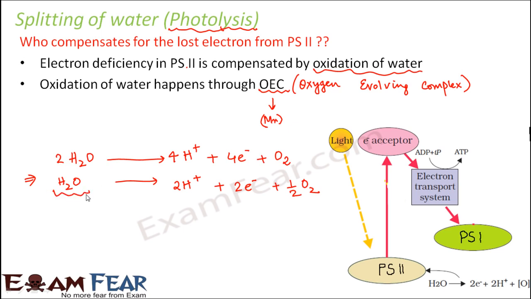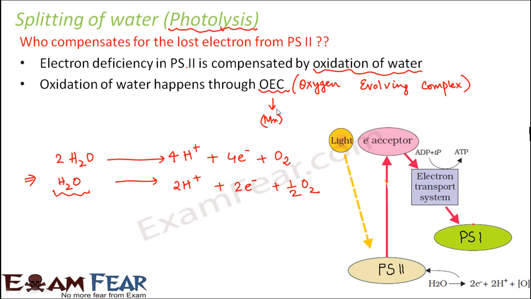So what is happening? Water is getting oxidized and this happens because of the presence of this OEC, that is the manganese complex or the protein structure. The enzyme with manganese is stimulated by loss of electrons in PS2. When light falls on PS2, electron is lost from PS2. As soon as the electron is lost from PS2, this OEC or the manganese complex gets stimulated.